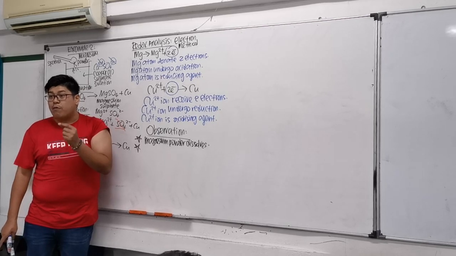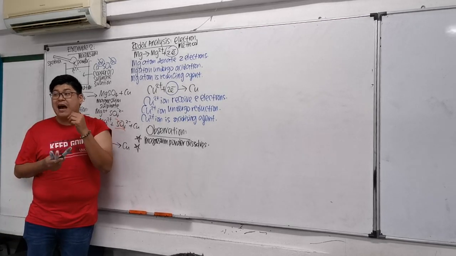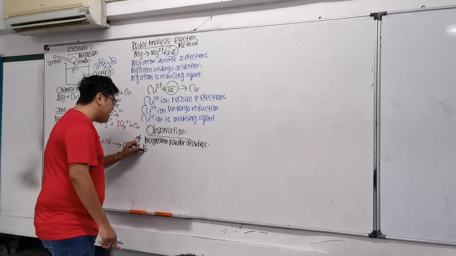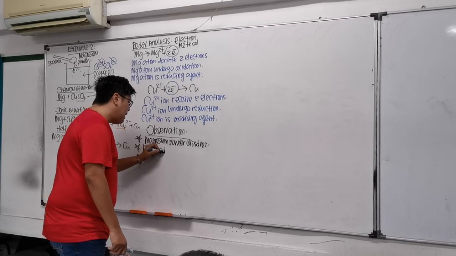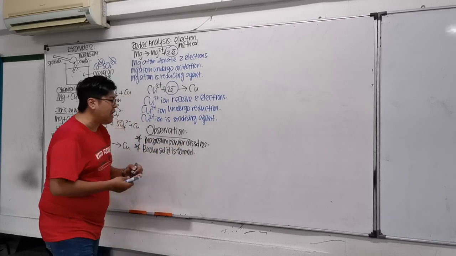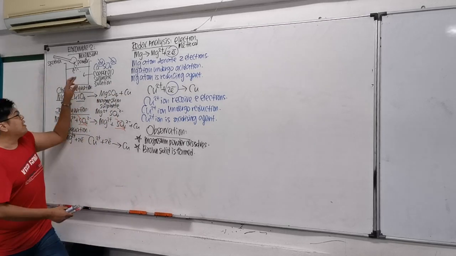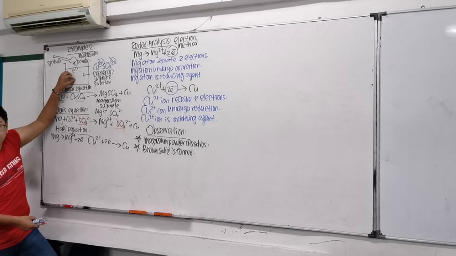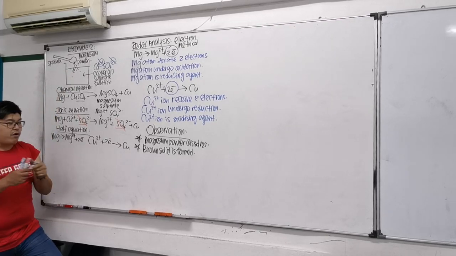Brown. Remember, all the pure metals are gray except copper. Copper is brown. So you expect to see a brown color solid formed, deposited. After a while, you can see some brown solid deposit over here. Those are copper. Understand?